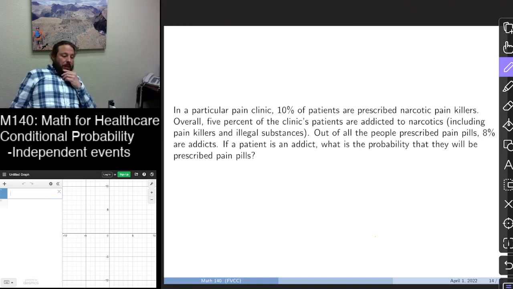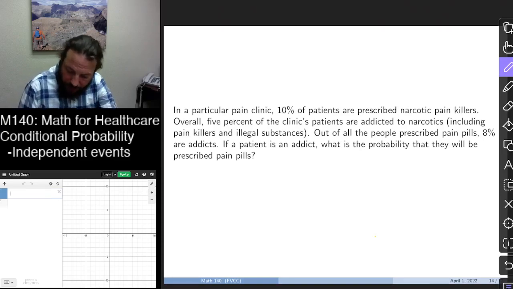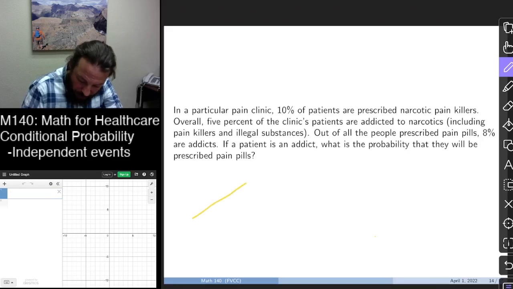Here we're going to use a tree diagram, I'll give you that hint, but we have to be careful. What are our two events that are happening?